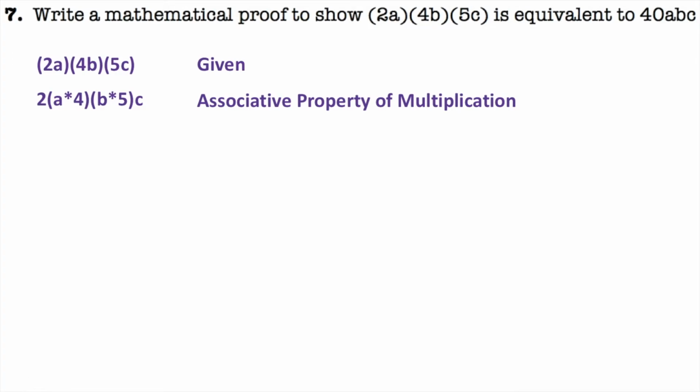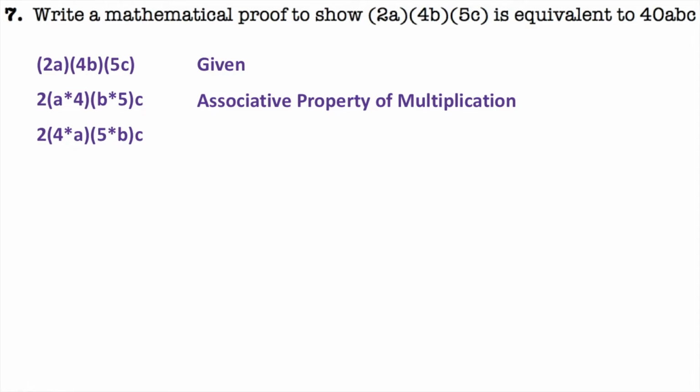So at the end, we'll get our answer of 40abc. So instead of having 2a being grouped together, we have a times 4. So we're just changing that parentheses to be around a times 4 instead, which then kicks the b and the 5 together to be in a parentheses, moving c out to the outside. So that's the associative property of multiplication.